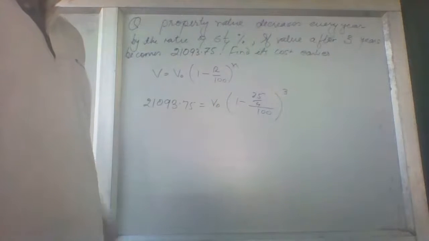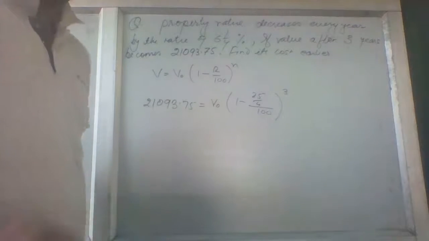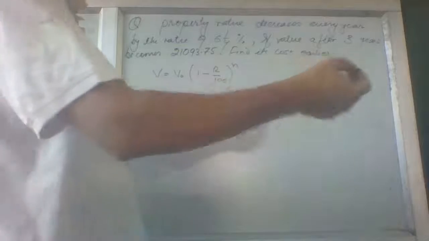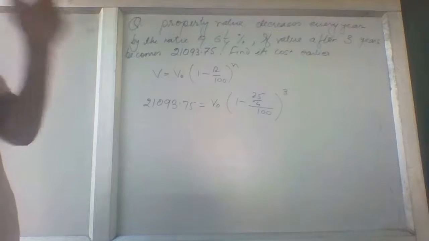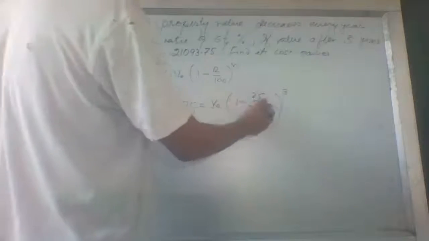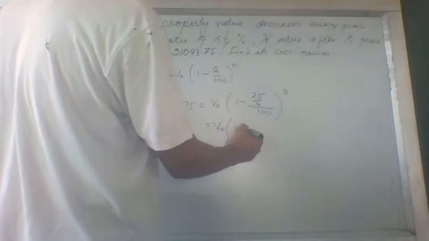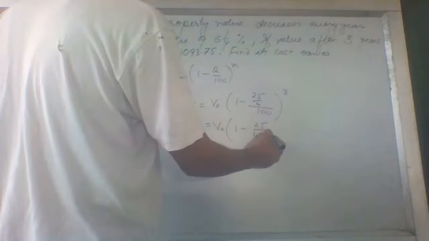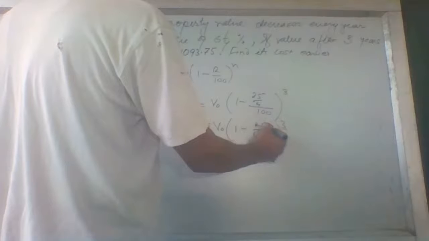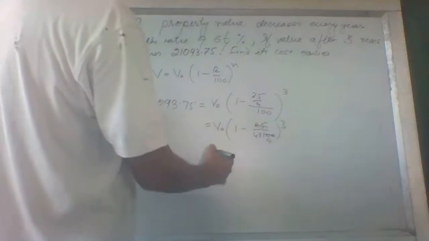So how will I solve it? I will solve it in a different manner now. First, the 4 will come down: V naught times 1 minus 25 by 4 into 100, to the power 3. 25 fours are 100, so 4 fours are 16.